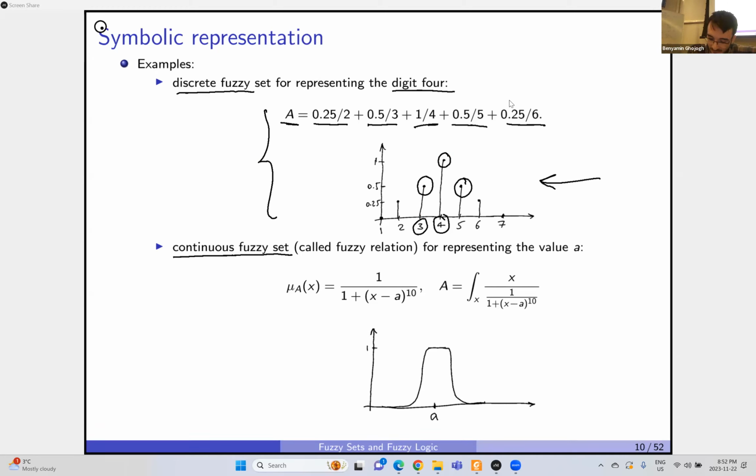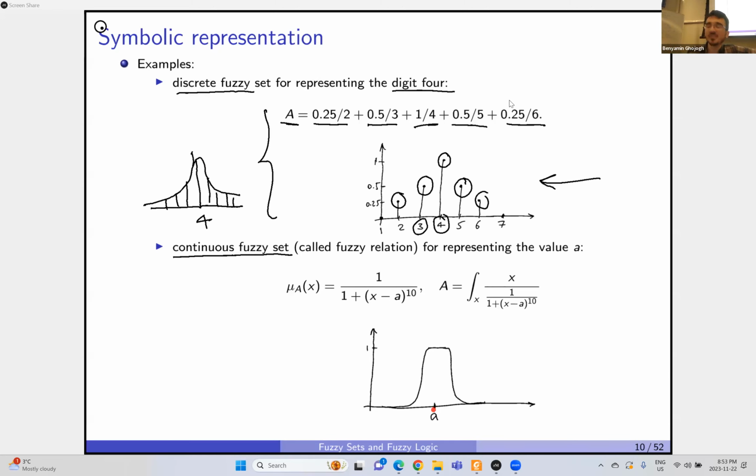Its membership is half. 2 and 6 are further away, but 1 and 7 are very far. It's a fuzzy number. So if it was crisp membership of 4, it would be like this. But when it is fuzzy, it became like this, but in discrete form. Right? Fuzzy membership of 4. Representation of digit 4.